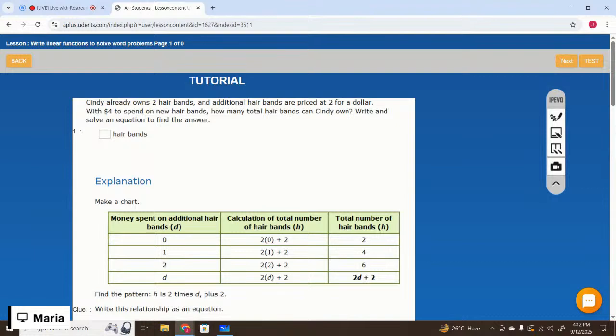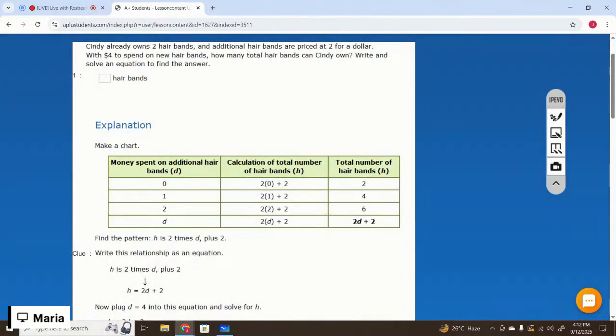Kindy already owns two hairbands, and additional hairbands are priced at two for a dollar. Kindy has $4 to spend on new hairbands. How many total hairbands can Kindy own? Write and solve an equation to find the answer.